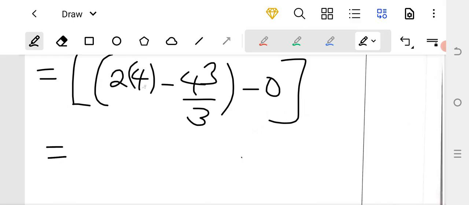I'm going to say it is equal to 2 times 4 is 16, minus, here we have 4 to the power 3 is 64 over 3.